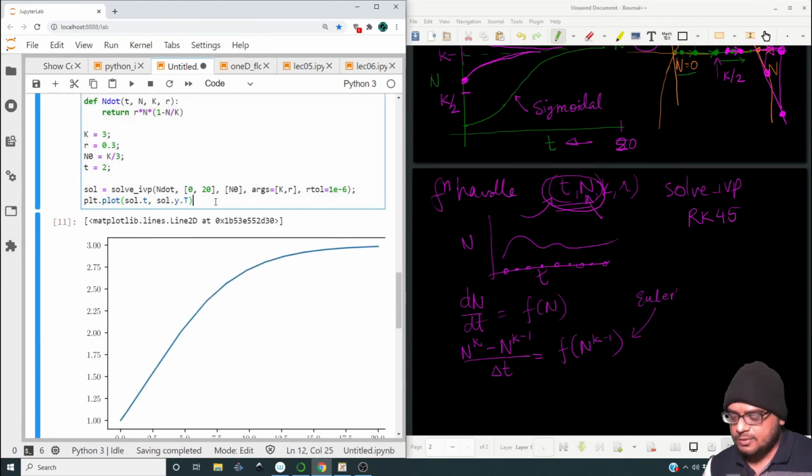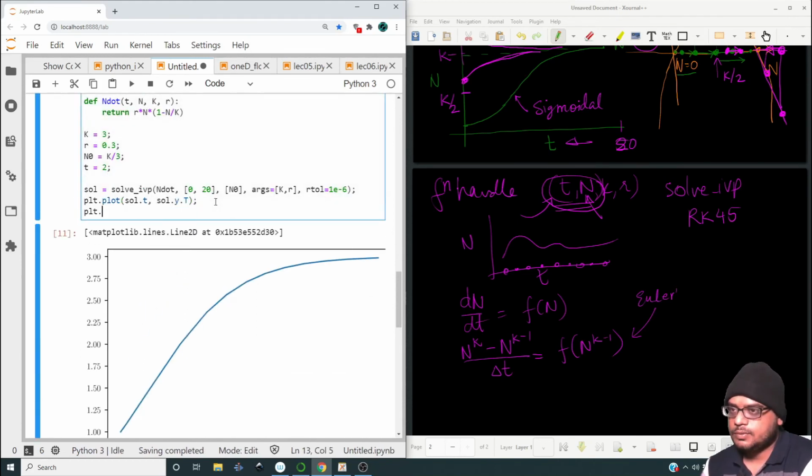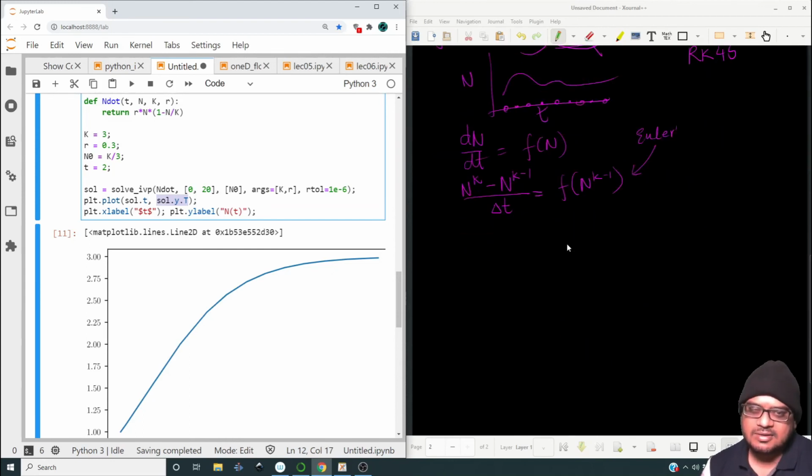So let me put some labels on the plot. So this is going to be time. This is going to be n as a function of time. And you might be wondering why I took a transpose of this object. These are small idiosyncrasies of the output.